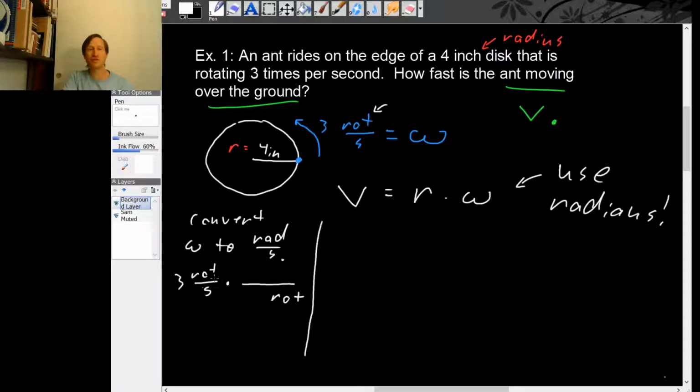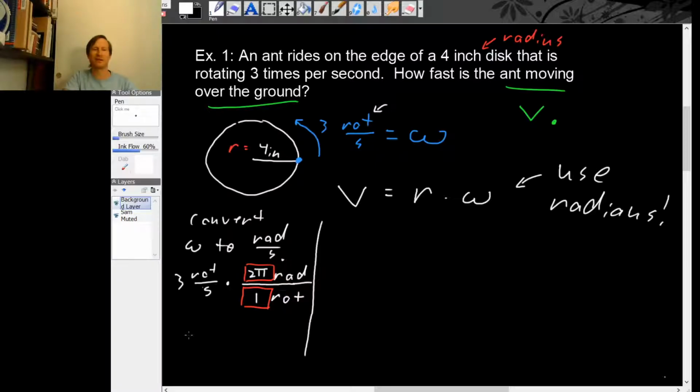We want to produce a radian unit in the numerator, so put that in the numerator of our conversion factor. And now we just need to write numbers here and here so that both of these angles are the same. So how many radians are in how many rotations? Well, in one rotation, there's 2 pi radians.